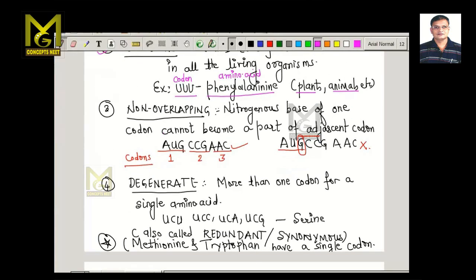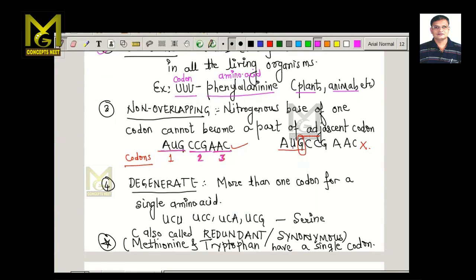The third characteristic feature is that these triplet codes or codons are non-overlapping. If you look at this sequence of nitrogenous bases, we have AUG, CCG, AAA. The three nitrogenous bases AUG code for the first codon, then the second, CCG, codes for the second codon, then AAA codes for the third codon.